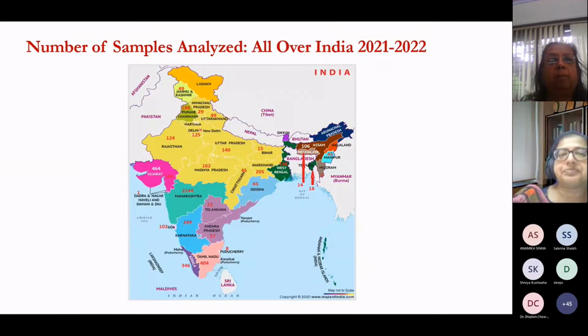the saif.iitb.ac.in web page. This is showing the samples analyzed by us in 2021-22. As you can see, samples are received largely from Maharashtra, but apart from that, we do receive samples from all over India.